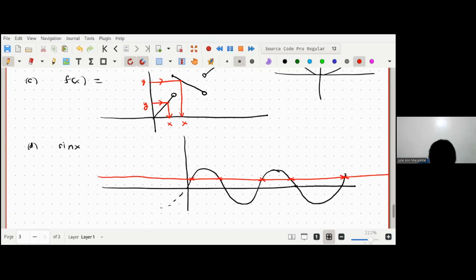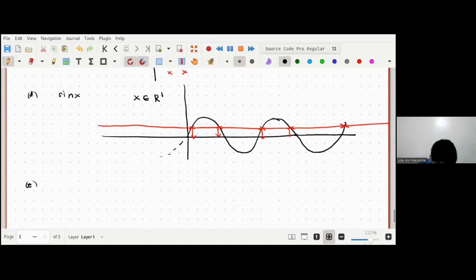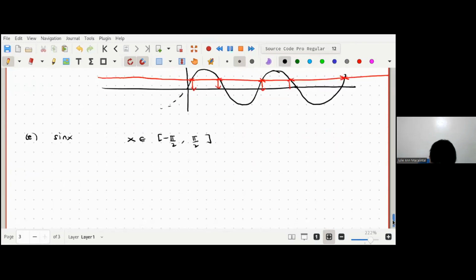Hindi unique yung x for that value of y. Actually for the whole sine function, infinite, so ito yung x is an element of the reals. Pagka yung sine function natin, dinefine natin this way, x is between minus pi over 2 to pi over 2, pag ginraph natin, ganito.